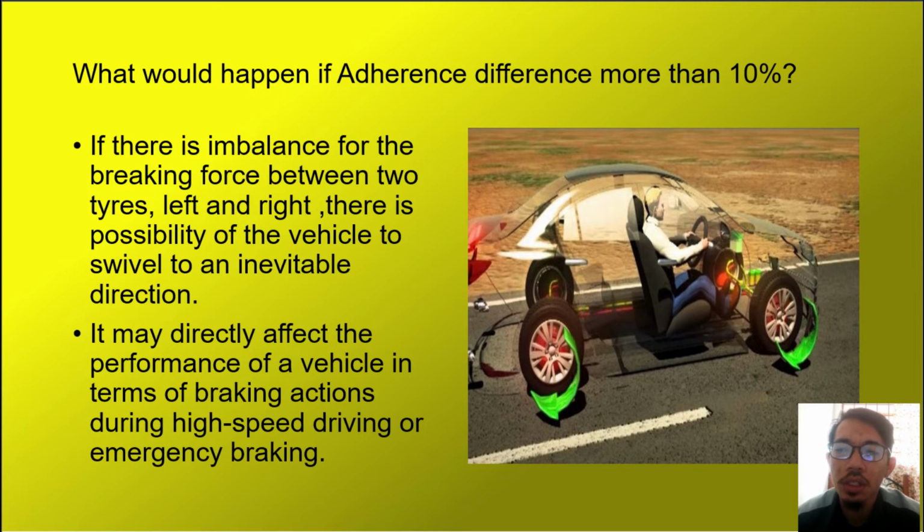The next answer is that it may directly affect the performance of the vehicle in terms of braking action during high speed driving or emergency braking. The car will swerve when we do not do proper maintenance of our car.